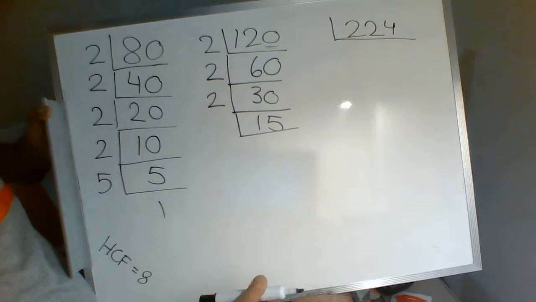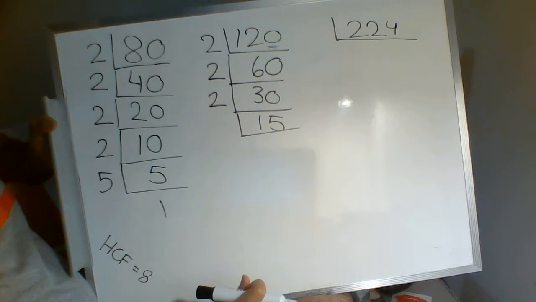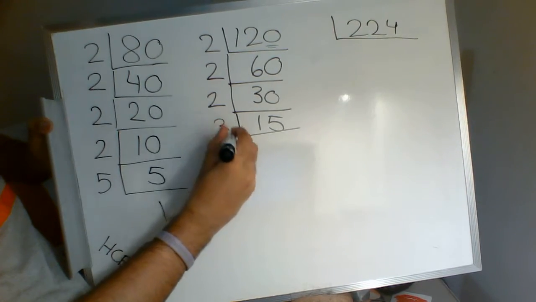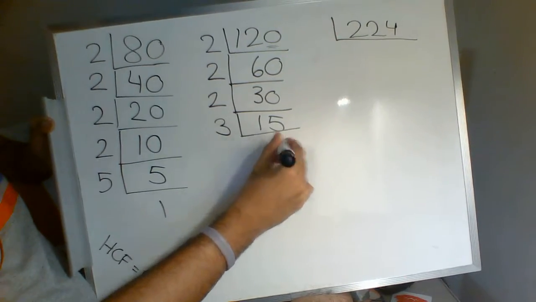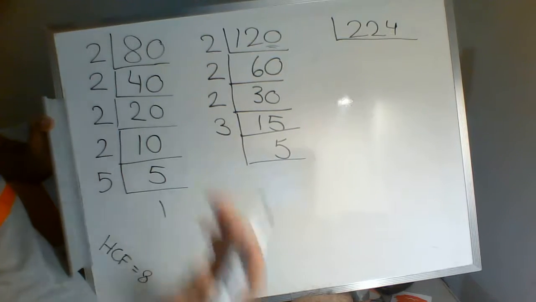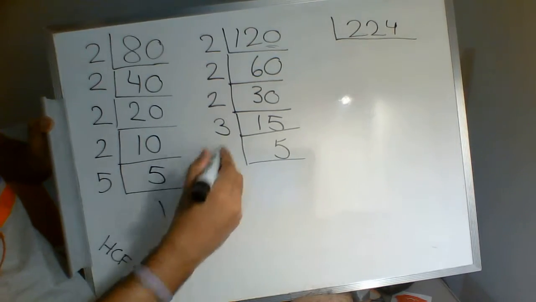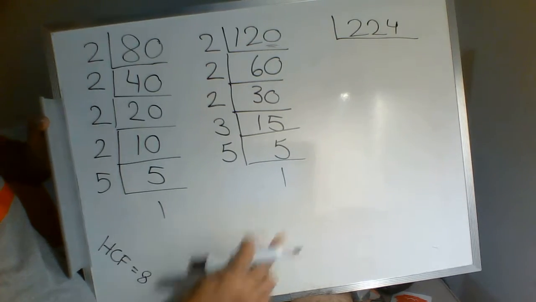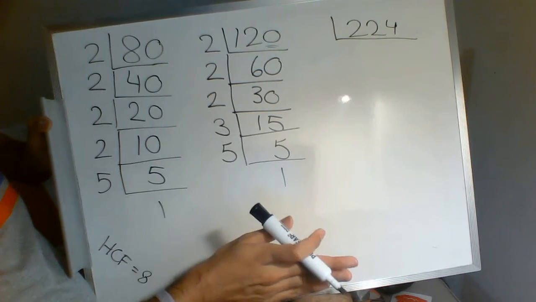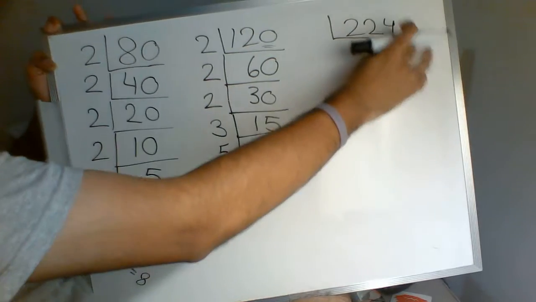And then here we run into a problem. We can't use the 2 anymore, so we jump to the next prime number, which is 3. 15 divided by 3 leaves us with 5. Now 5 isn't divisible by 2 or by 3, so we move on to the next prime number, which is 5. 5 divided by 5 gives us 1. Once you have a 1 there, you're done, at least for the time being, and you move on to the next one.